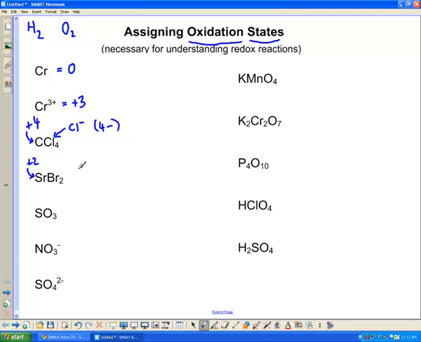Therefore bromine wants to gain one extra electron to gain its octet, so you'd expect the charge on bromine to be -1. Because there's 2 of them, the overall charge for those 2 bromines is -2. So -2 and +2 gives us 0. Remember, in each of these cases, we want the overall charge of the species to equal 0 unless indicated otherwise.